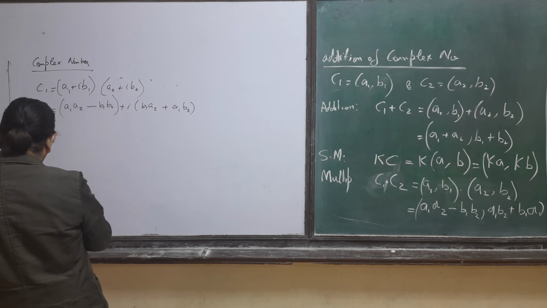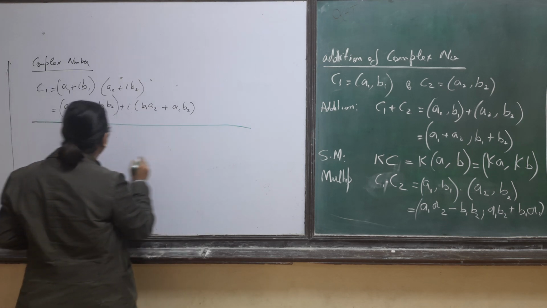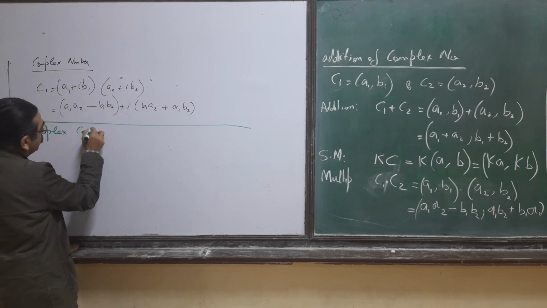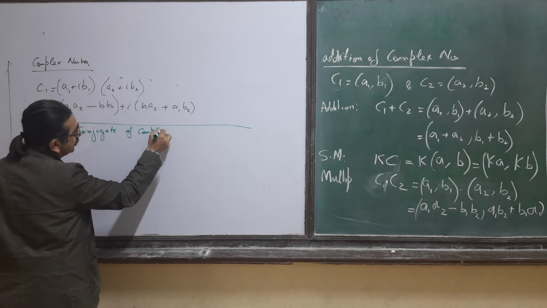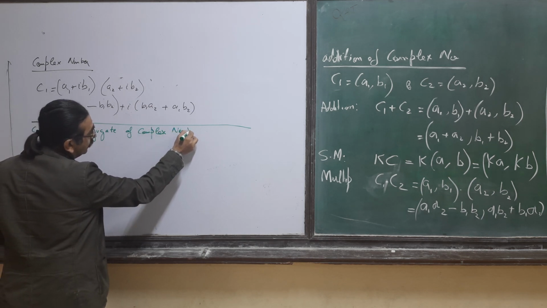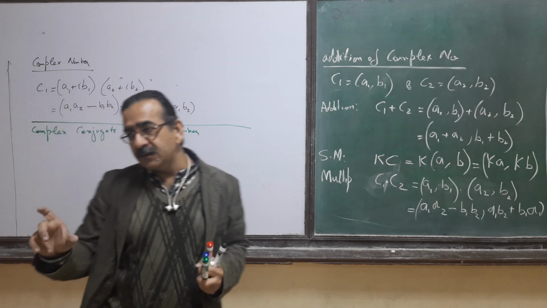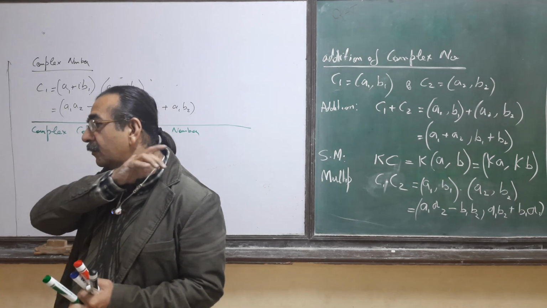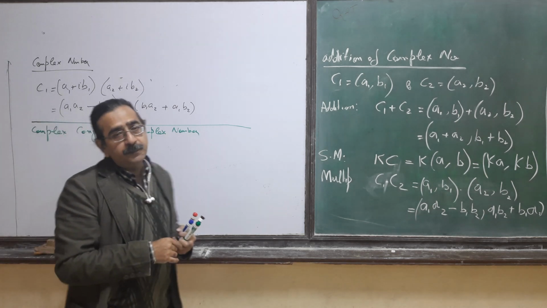Complex conjugate of a complex number. I have already told you that a complex number represents the position of a point in the two-dimensional plane.